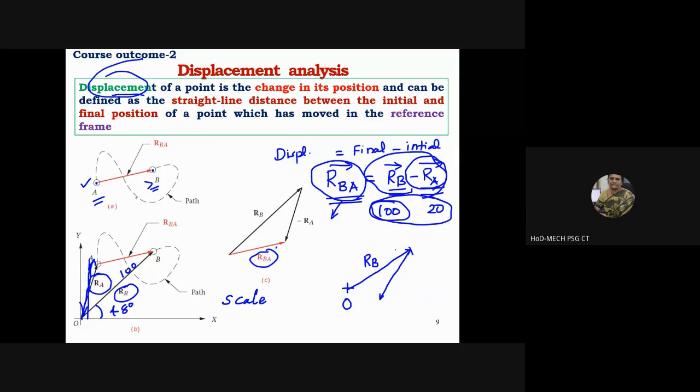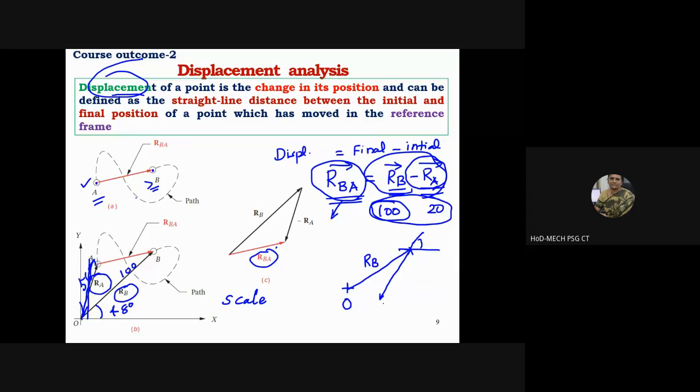Again, you need to maintain, in your diagram RA is like this, but we need to go in the negative direction, and suppose this is 56, the position vector, the location is 56 from the origin. This has to be drawn to a length of 56 and at the specified angle.